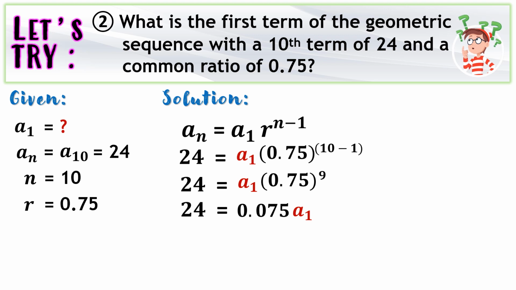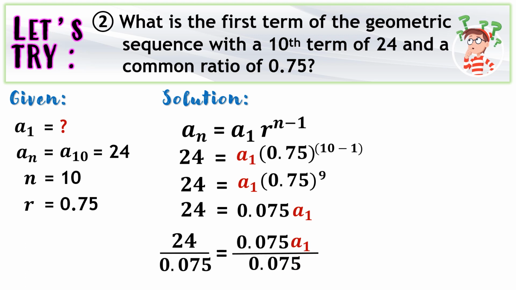So, since hindi natin alam ang a sub 1 at merong numerical coefficient ang a sub 1, we will divide both sides by the numerical coefficient of a sub 1, which is 0.075. So, makakancel na pareho yan. That will give us 1.